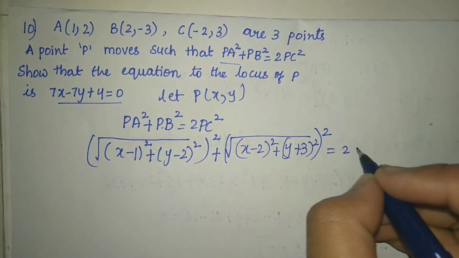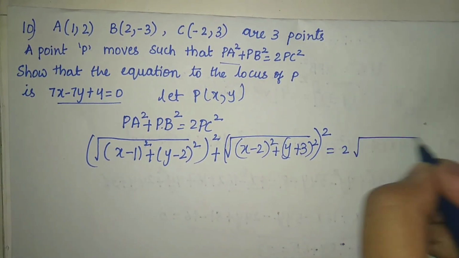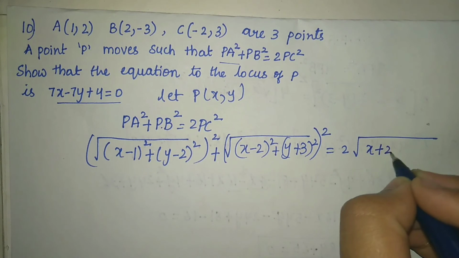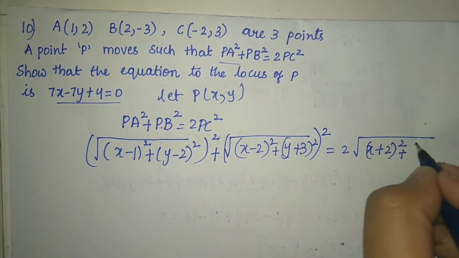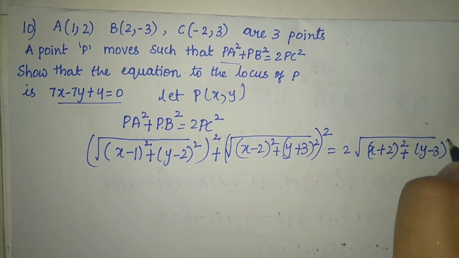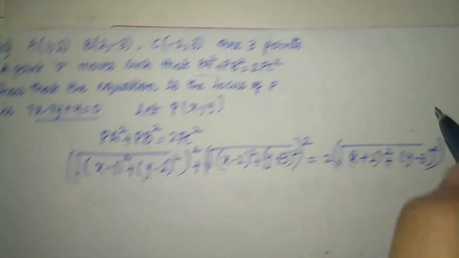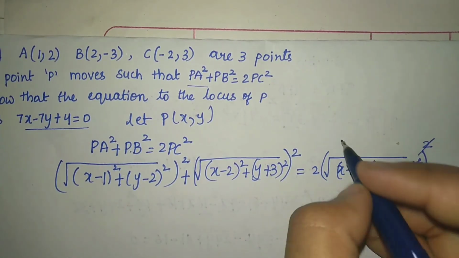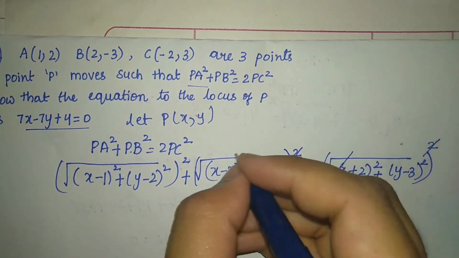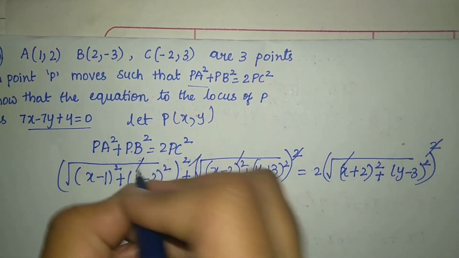So 2 into PC is x plus 2 whole square plus y minus 3 whole square. Square root will get cancelled.